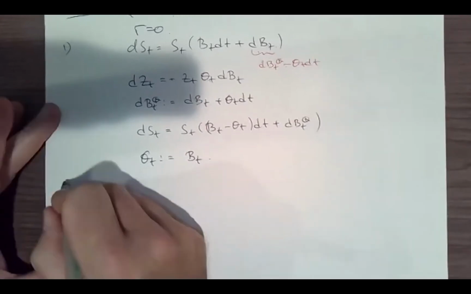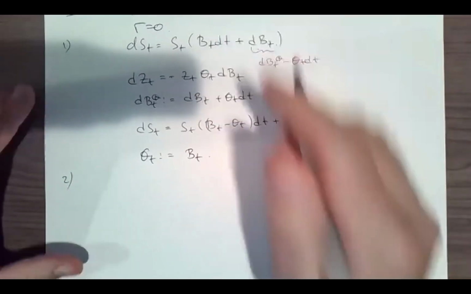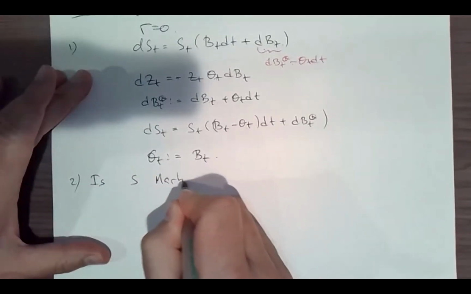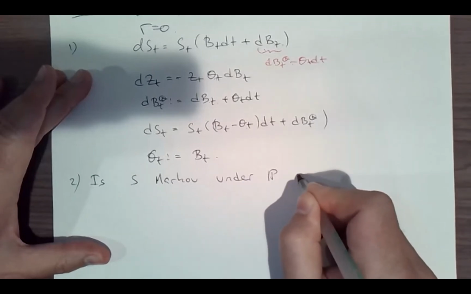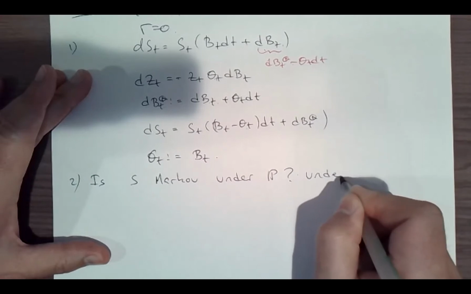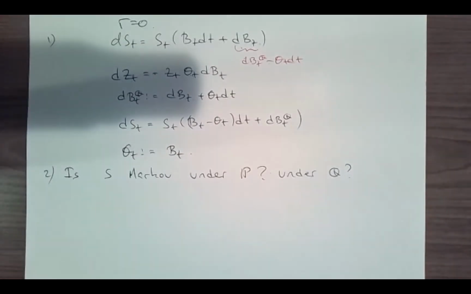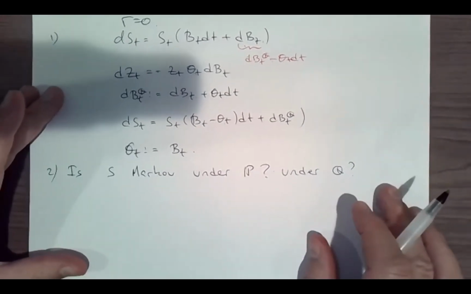Then the next one is the Markov property. So is S Markov on the P? What about on the Q? This is a little bit more tricky.